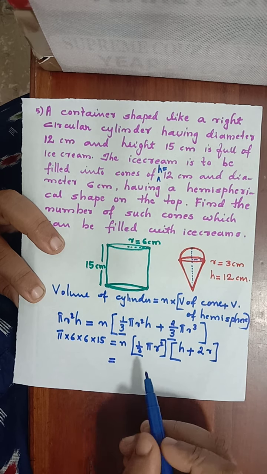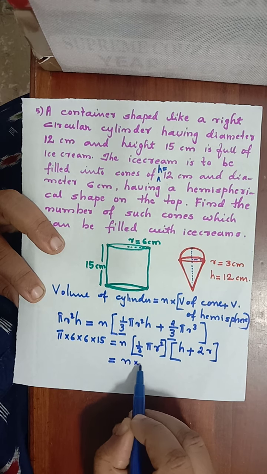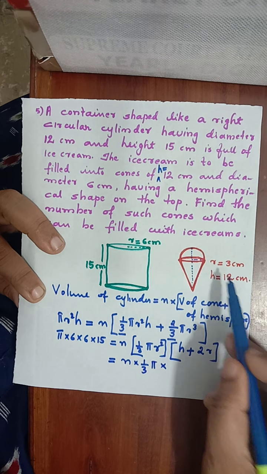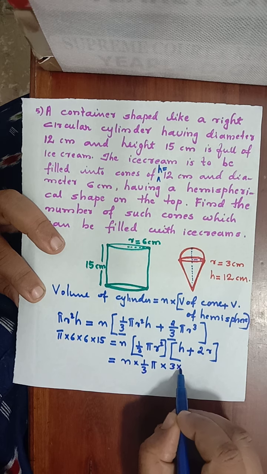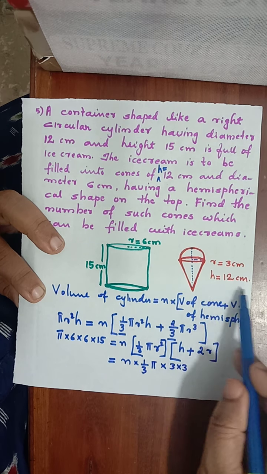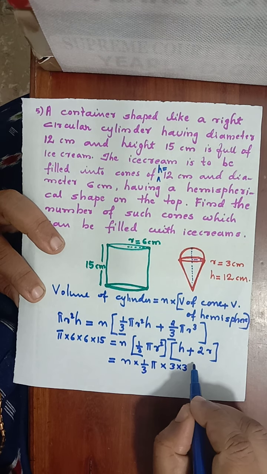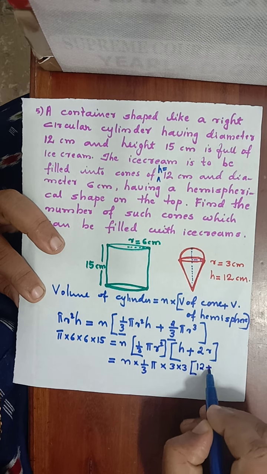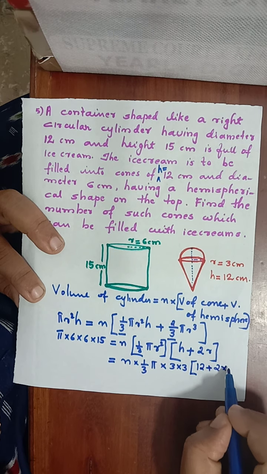That's equal to n into 1 by 3 pi into r square, r square is 3 into 3. Be careful while calculating this. Of conical, h plus 2r, h is 12 plus 2 into r is 3.